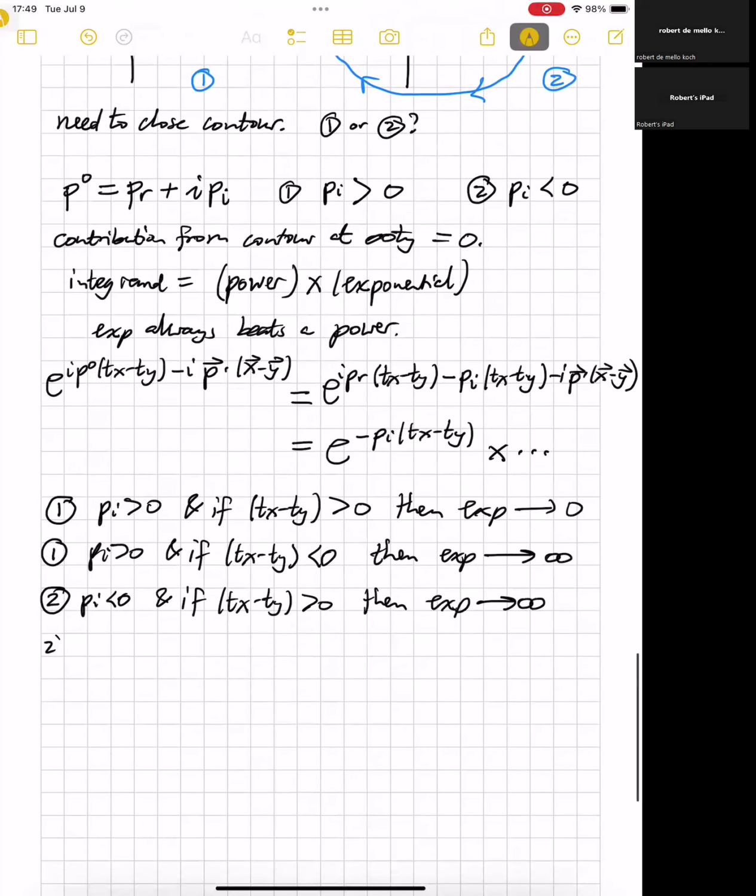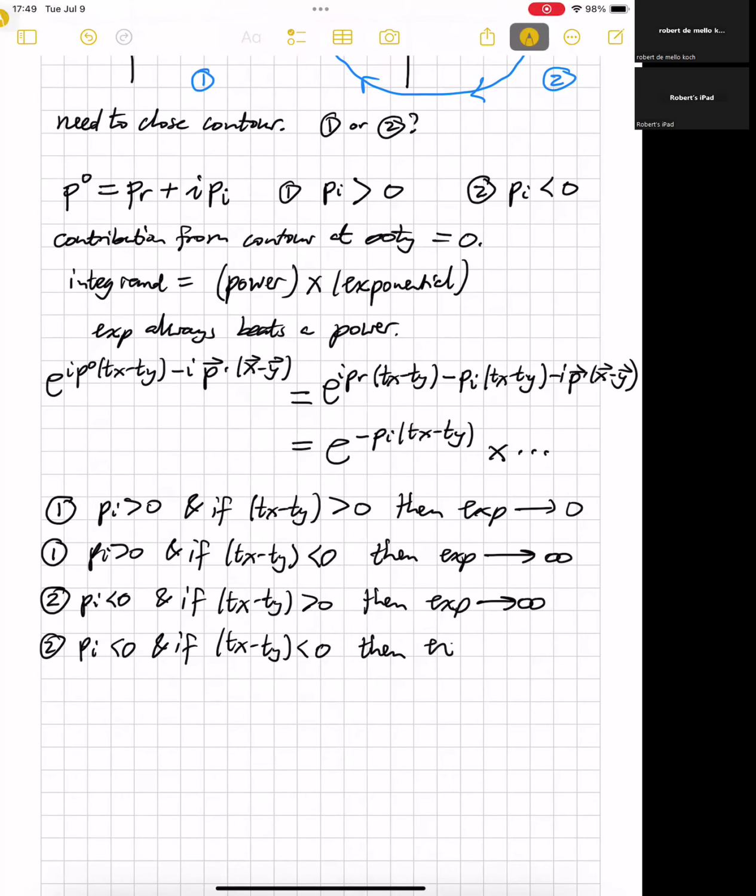And then finally, if we're in situation 2, so that pi is less than 0, and if tx minus ty is less than naught, then pi is negative, tx minus ty is negative, and we've got e to the minus negative times negative. It means e to the minus something.